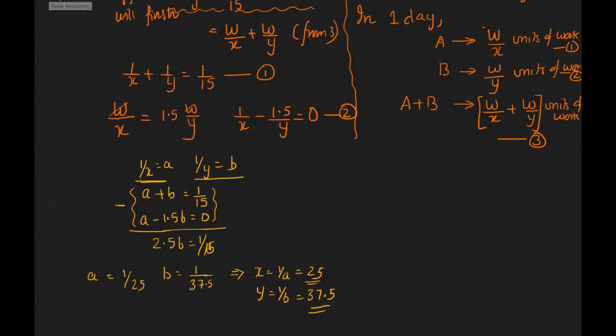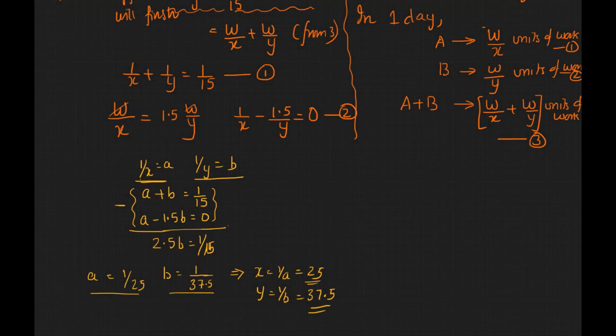You can solve this by substituting a for 1 by X and b for 1 by Y, and you get these equations, and you can subtract them to eliminate a, and find the values of a and b.